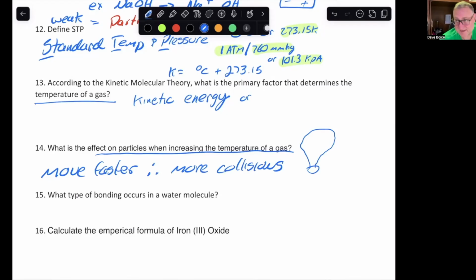If you start adding more and more gas to it, you're going to increase the pressure, you're going to increase all of those collisions, and that's going to expand. If it's rigid and it can't expand, then you're going to increase the pressure as you increase the number of moles of gas. But as you increase the temperature, you get more and more collisions. There you go.